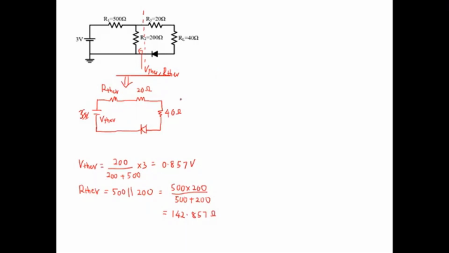So next we can further simplify the circuit by adding R Thevenin plus 20 ohm plus 40 ohm. So we'll have a much simpler circuit, something like this. This is 0.857 volt.